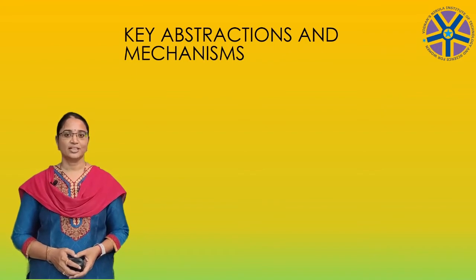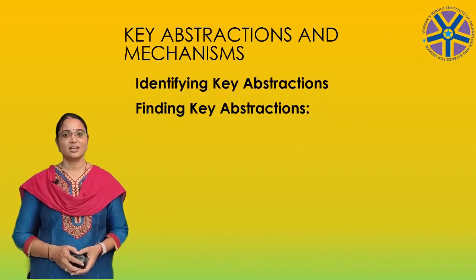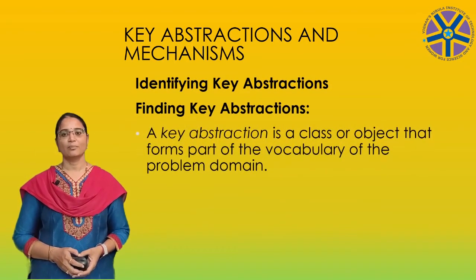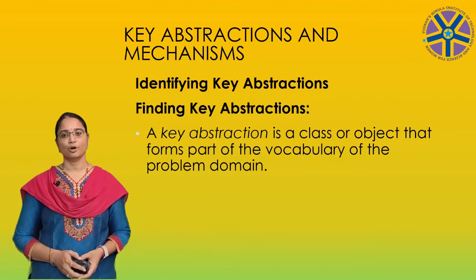How do you identify the key abstractions? How do you find them? A key abstraction is a class or object that forms part of the vocabulary of the problem domain. The primary value of identifying such abstractions is that they give boundaries to our problem.